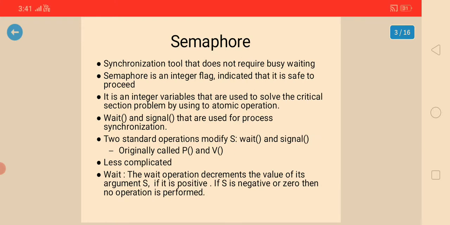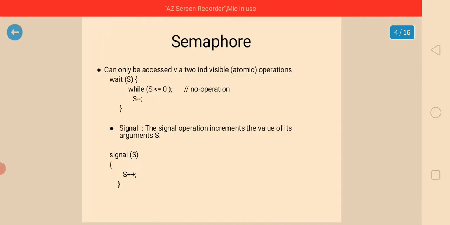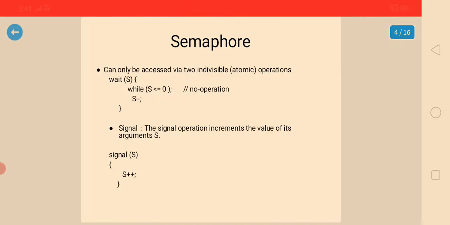If S is negative or 0, then no operation is performed. So if the S argument is negative or 0, then no operation is performed.